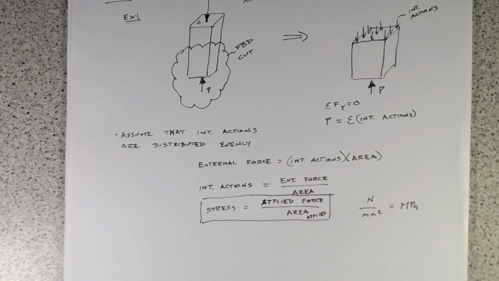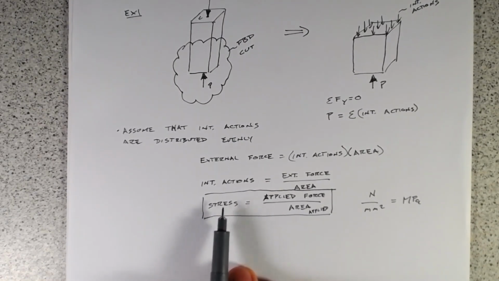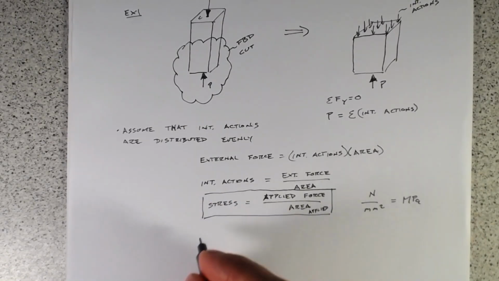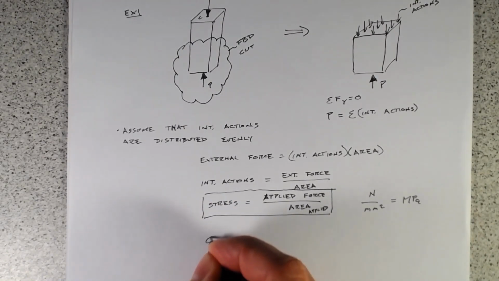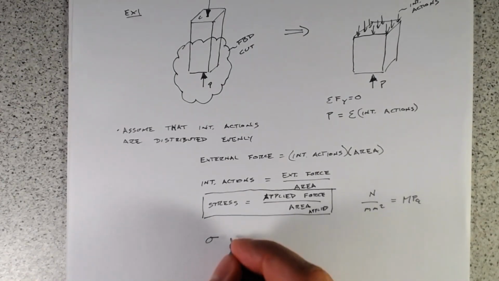And if we think about this, for the same area, bigger force, bigger stress. Same force over a small area, bigger stress. And then the way that this gets commonly written is, because it's a lot of work to write out stress and all that, we give stress the Greek letter sigma. So it looks a bit like a tape measure.